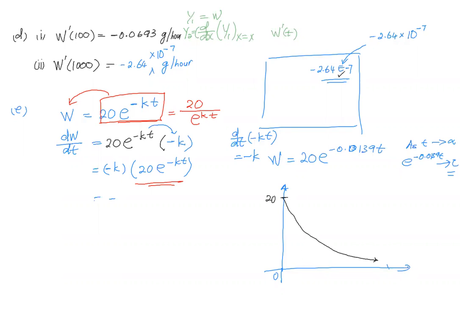So this is negative k, and this one I replace with W. So you are writing dW over dt in terms of W, and in this case the b is negative k. Are you okay? So that ends the whole question.